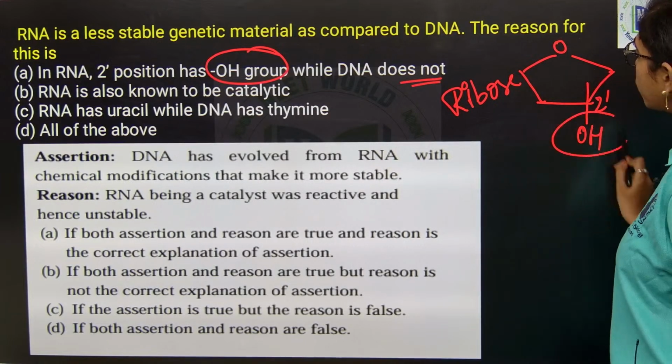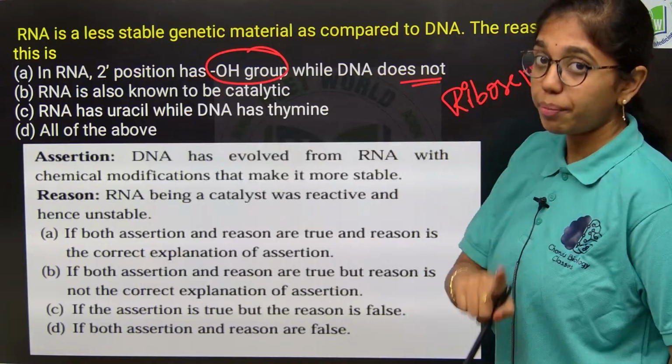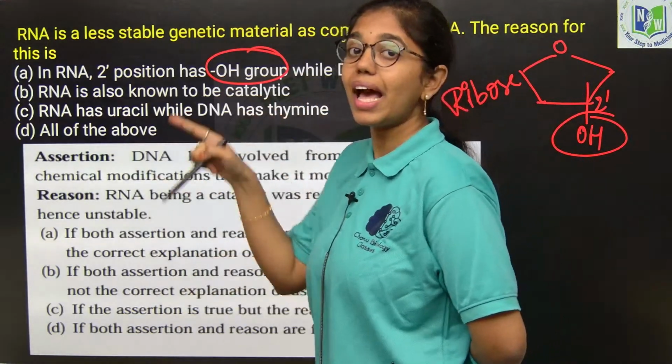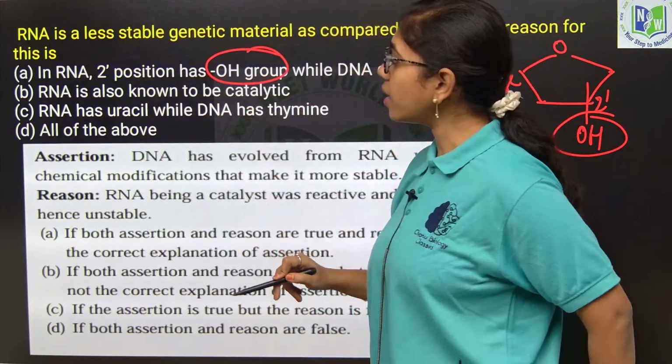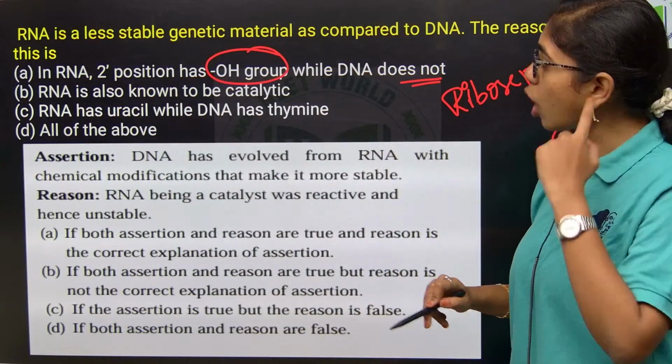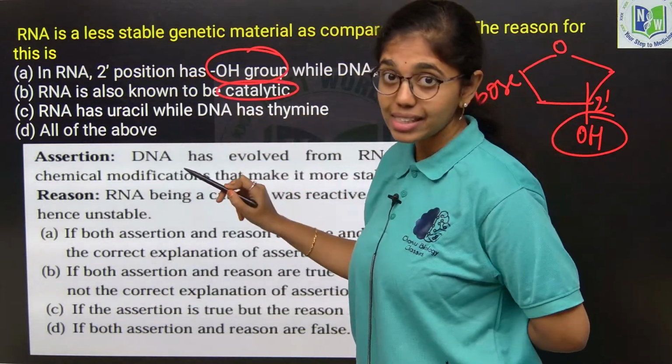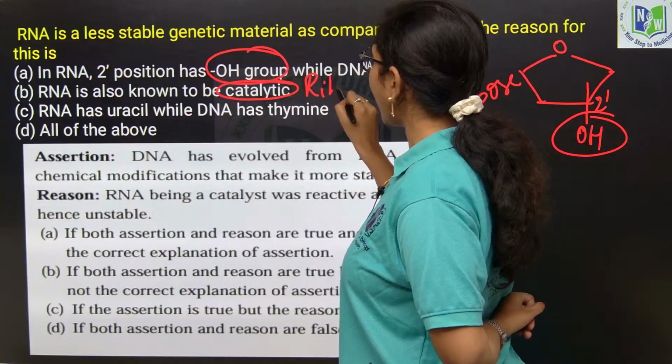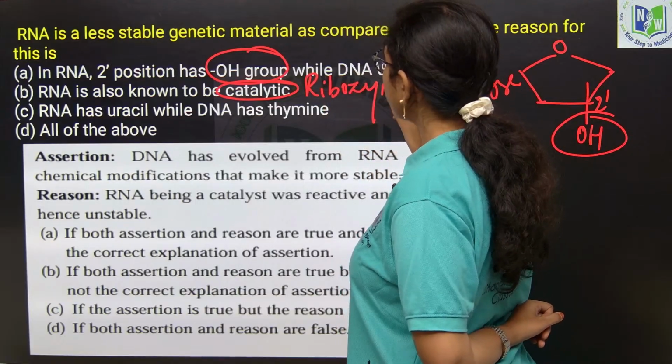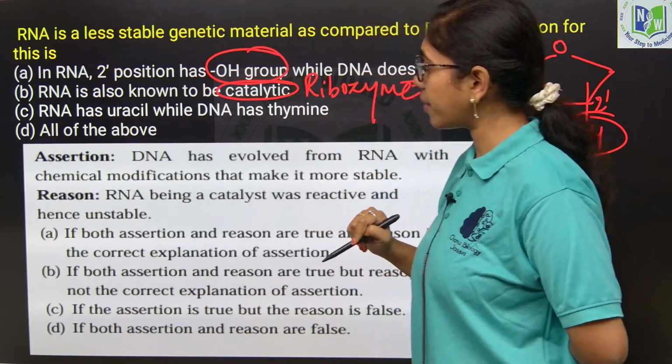This free OH group is the main reason for making RNA unstable and reactive. And the second reason is RNA is also catalytic, for example ribozyme. This is also catalytic and reactive.